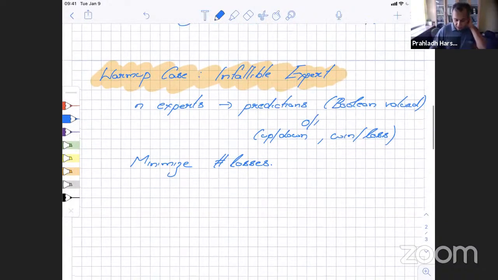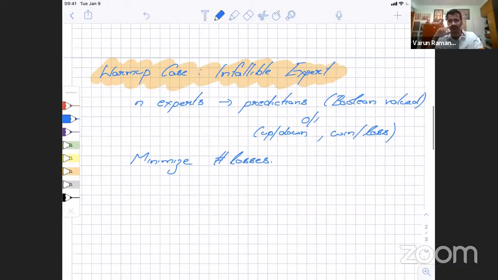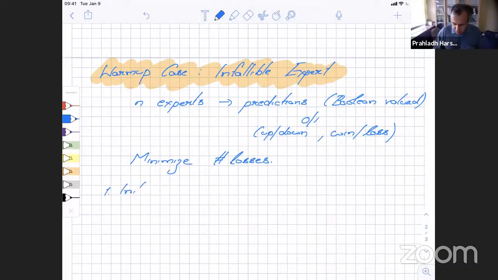Yeah, so exactly. This is this one. So in this case, for t equals 1 to capital T, you'll first initialize your set of experts to be all of these guys.